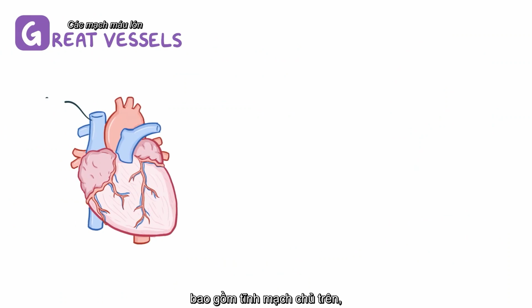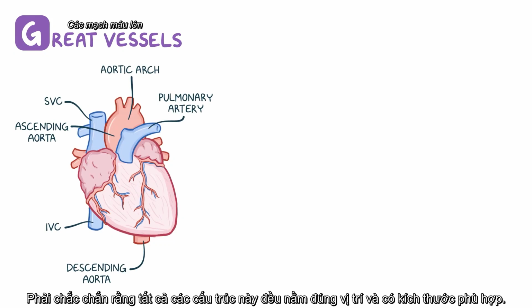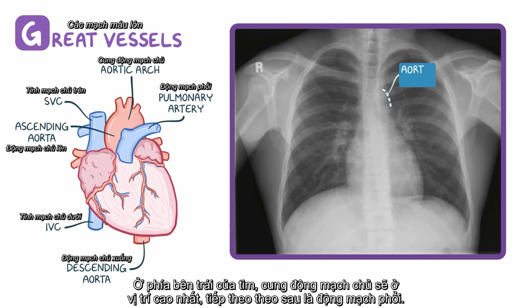Lastly, G is for great vessels, which includes the superior vena cava, inferior vena cava, ascending aorta, aortic arch, pulmonary artery, and descending aorta. You want to make sure that all of these structures are in the right location and the right size. On the left side of the heart, the aortic arch should be the highest up, followed by the pulmonary artery.